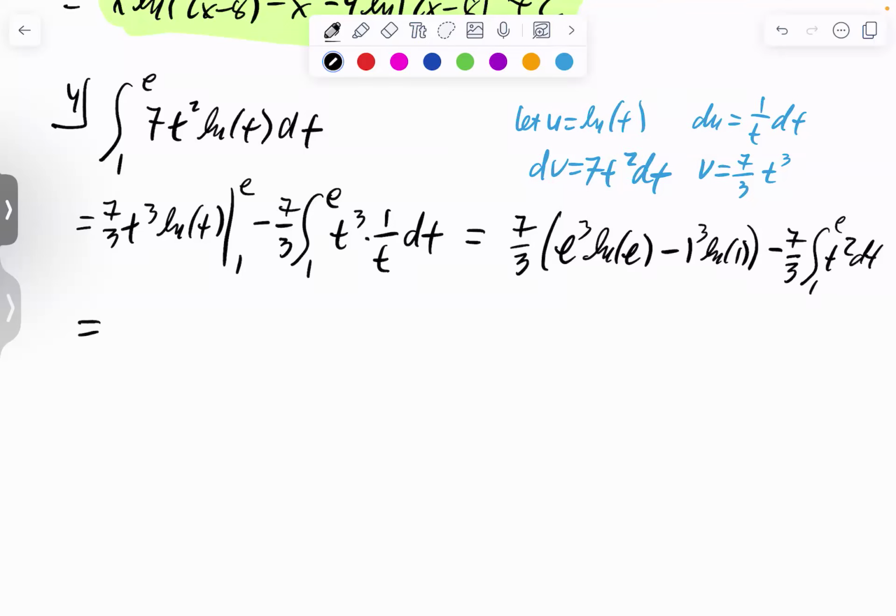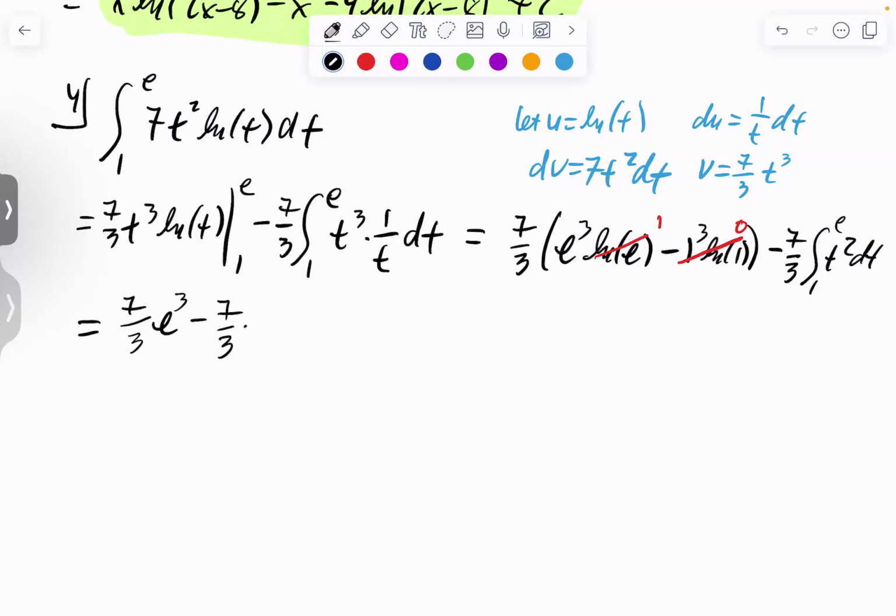Okay, we have several moving parts now. I've already replaced the first part with the e. Now, natural log of e is just 1. Natural log of 1 is 0. So this whole part right here goes to 0. This part goes to 1. So we're left with 7/3 e to the third minus 7/3.